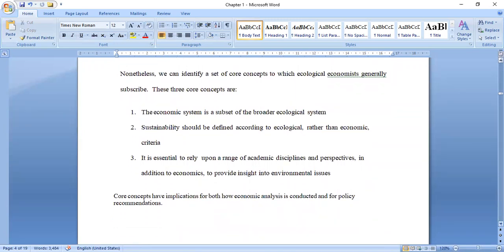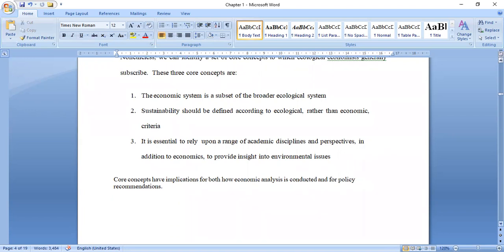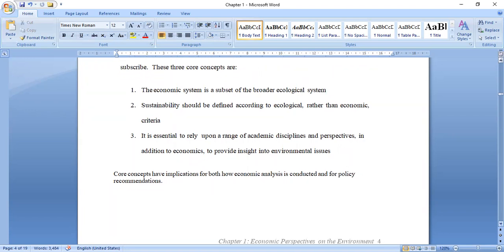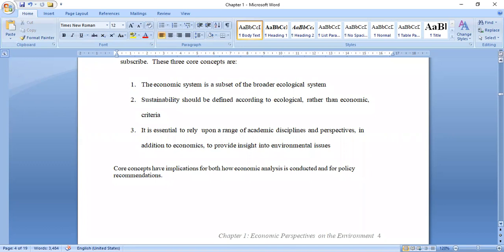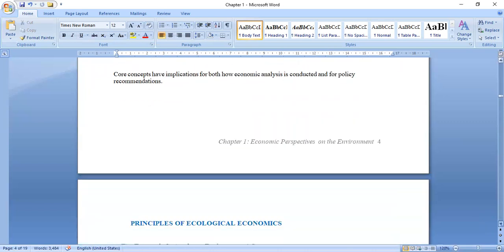And they also say that sustainability should be defined according to ecology rather than the economic criteria, right? And then also, they rely upon a wide range of disciplines, right? They do not only look at economics, but they rely on a wide range of other disciplines while looking at environmental issues. Those are the ecological economists.